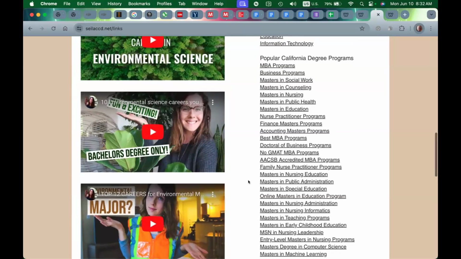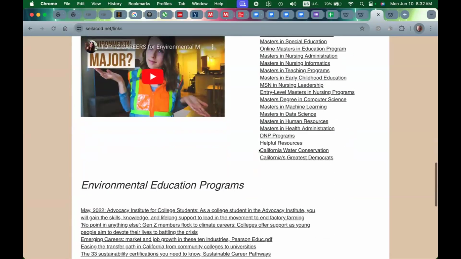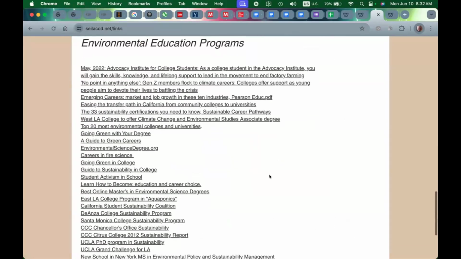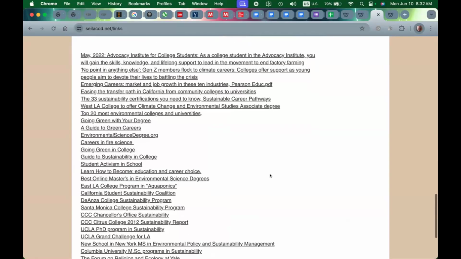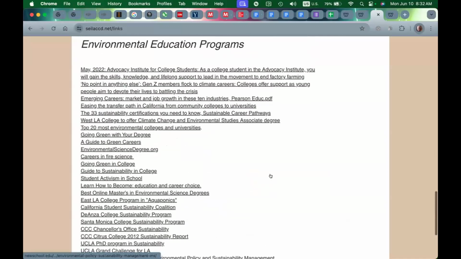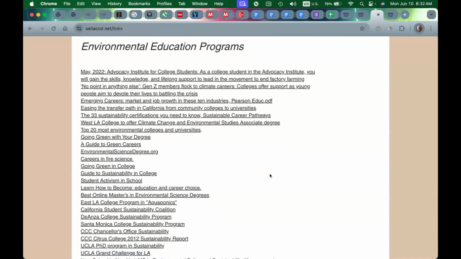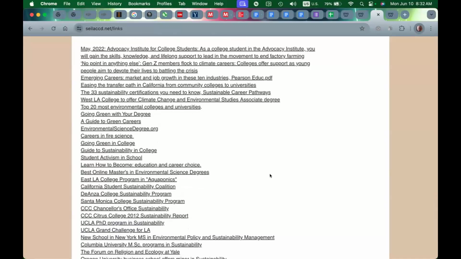And then on the right side, you can see there's the degree programs. I get requests and emails from organizations saying, can you please add a link to your links page for our education program? The links here are all environmental education. I really try to avoid putting links there to services, organizations, nonprofits that are not explicitly environmental.